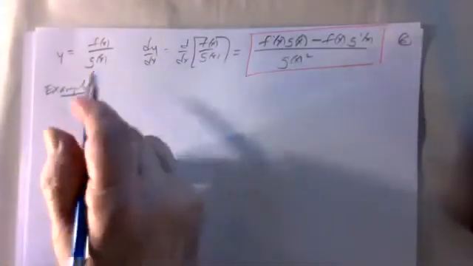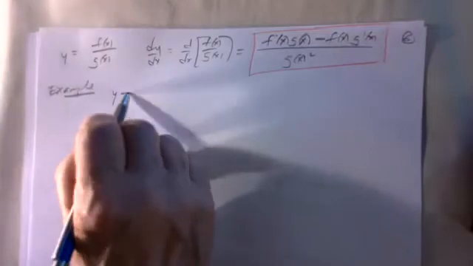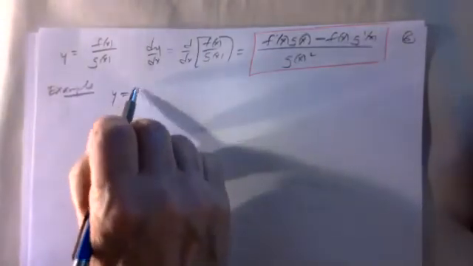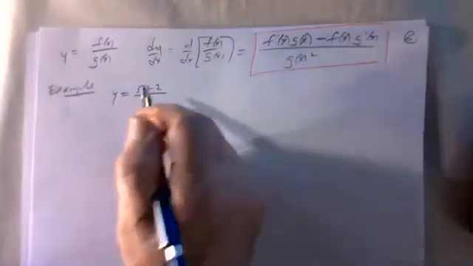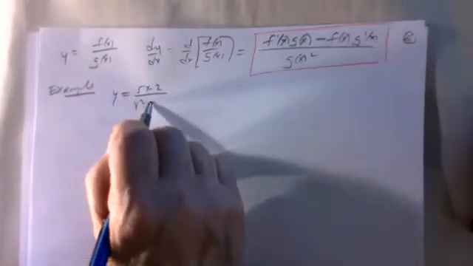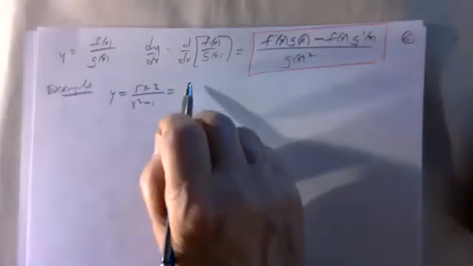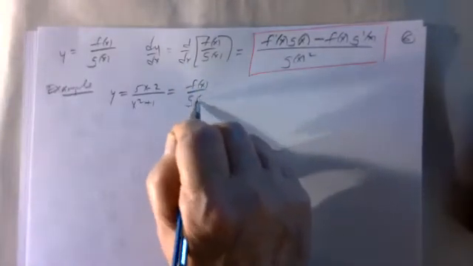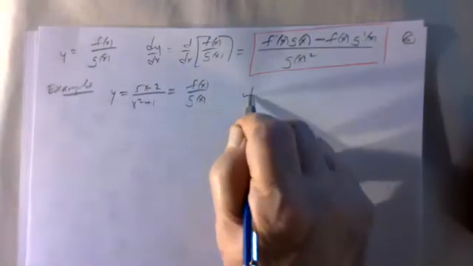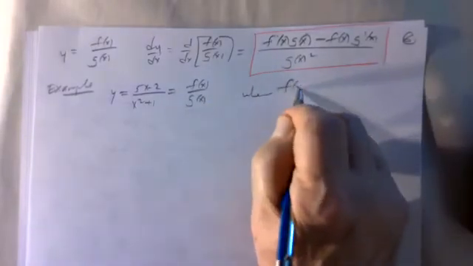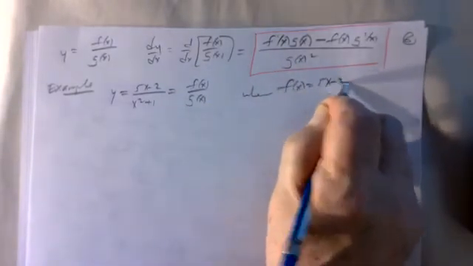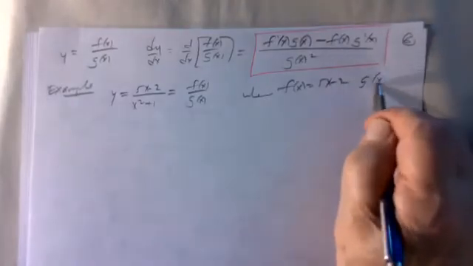So here are some examples. Suppose y is equal to 5x minus 2 divided by x squared plus 1. This is of the form f of x divided by g of x, where the numerator is 5x minus 2.